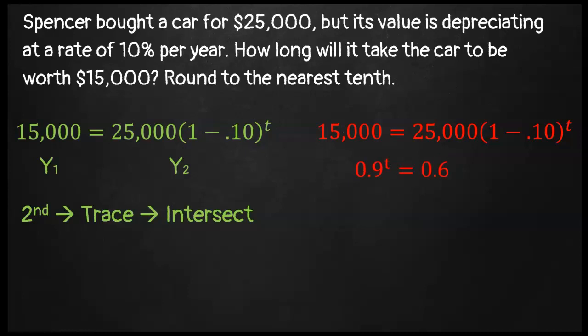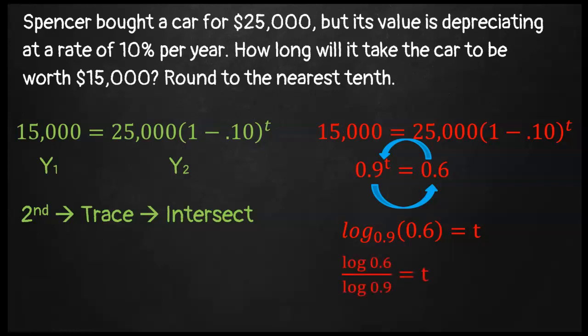So I'm just going to rewrite this as 0.9 to the t is equal to 0.6. What I can do then is my loop. So I would get log base 0.9 of our argument, which is 0.6, is equal to t. We got our exponent out. You can do your change of base formula, which would then simplify to 4.8 years.